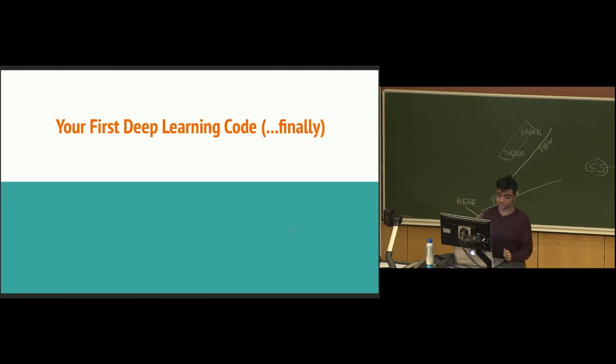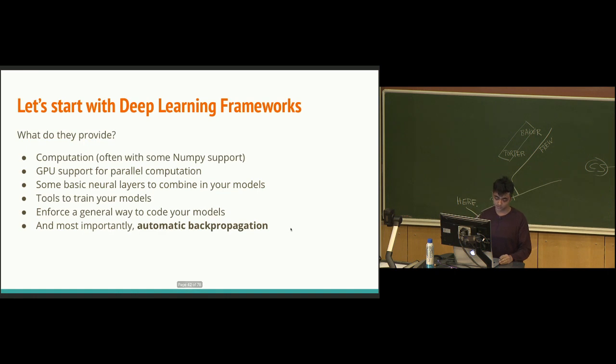So now we will actually begin with the actual recitation, which is writing your first deep learning code. So let's start with deep learning frameworks. If you've already finished homework 0 or started working on homework 0, you would have worked with NumPy. And basically, deep learning frameworks provide similar computation as NumPy, but with added GPU support so that you can parallelize your computation and make it faster.